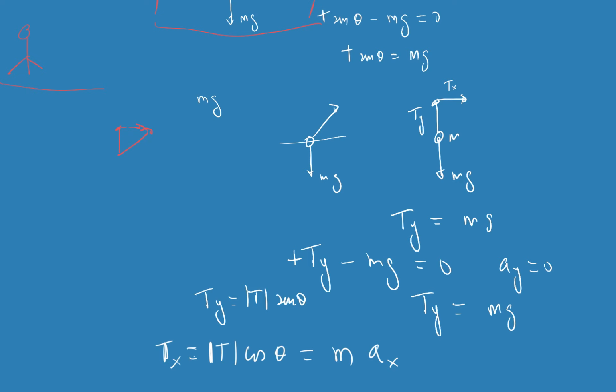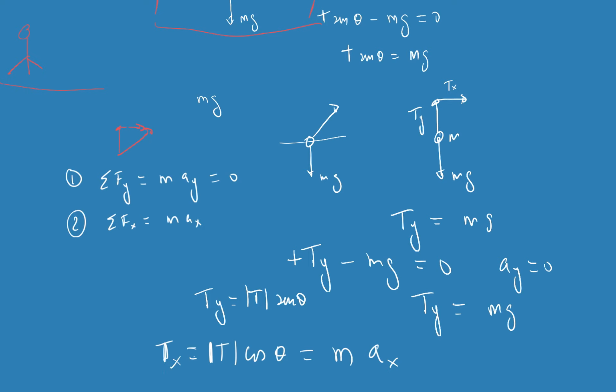So what I'm applying is these two equations: the sum of all the forces in the y direction equals m by ay, and the sum of all the forces in the x direction equals m by ax. In the first equation, I'm saying that ay is 0. And in the second equation, I cannot say that ax is 0 because there is acceleration; this force, Tx, cannot be cancelled. So Tx is m by ax.